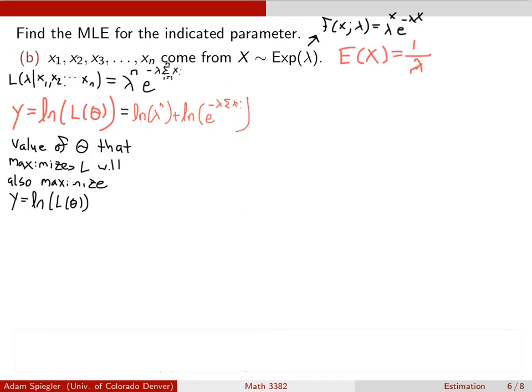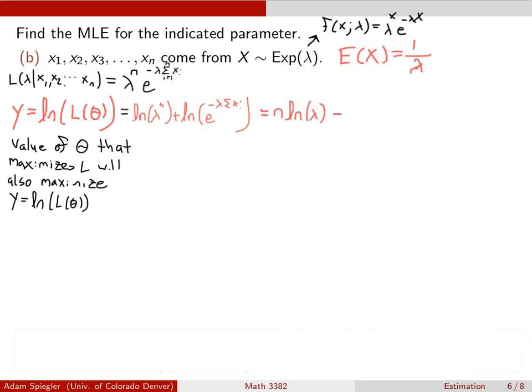For the natural log of lambda to the n, we can just bring the n down, so now we've got n times the natural log of lambda.